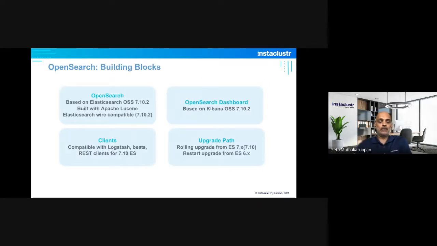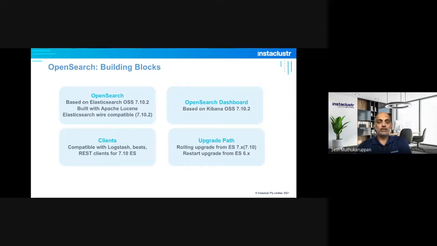And again, if you look at the building blocks, you have OpenSearch, which is the main search engine that is based on Elasticsearch OSS 7.10.2. And then it is compatible with Elasticsearch, wire compatible with Elasticsearch 7.10.2. So if you have an Elasticsearch environment, then you can migrate that to OpenSearch, and then you can expect it to be wire compatible.